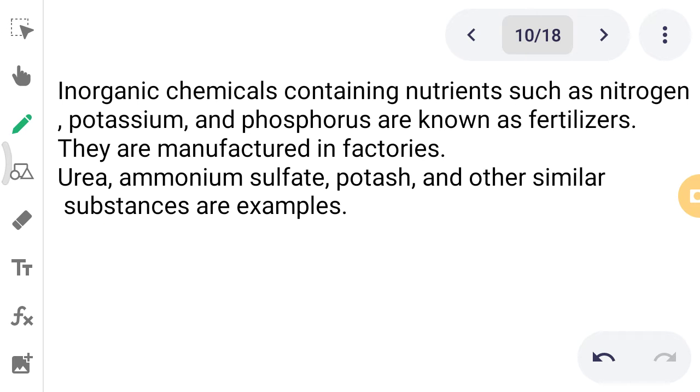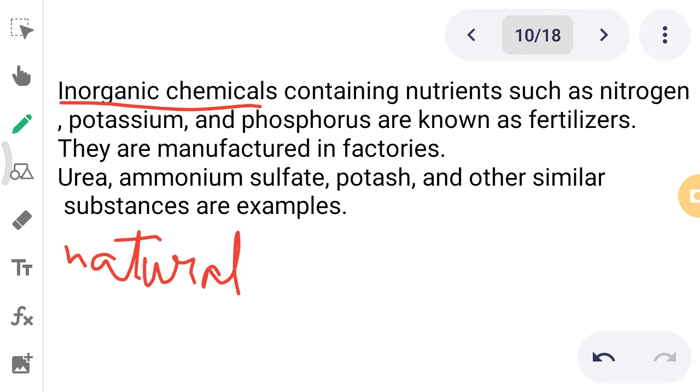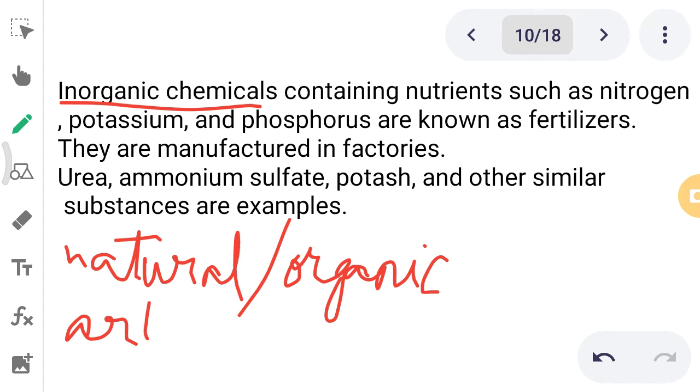After sowing, we have prepared the fertilizers, and fertilizers are of two types, that is natural fertilizers, also called organic, and artificial fertilizers, also called inorganic fertilizers, right?